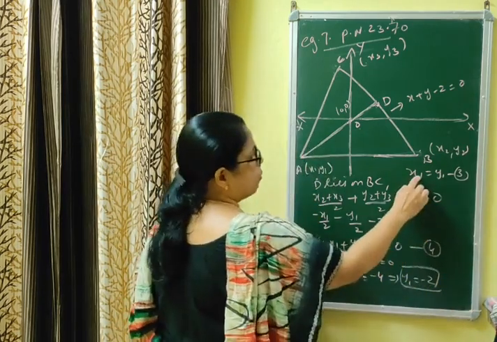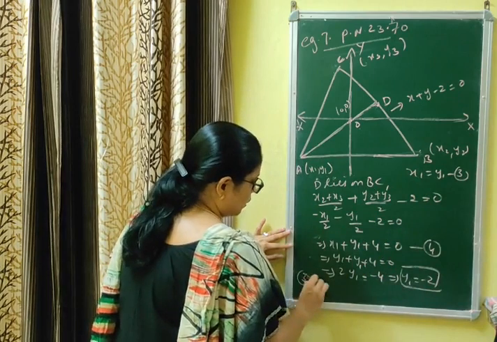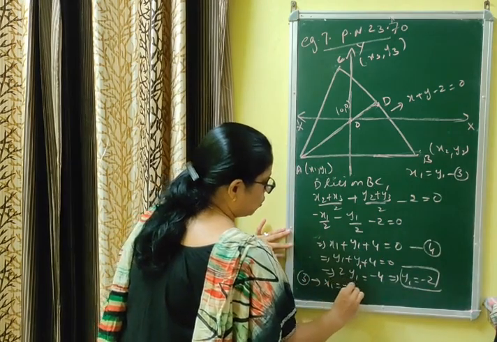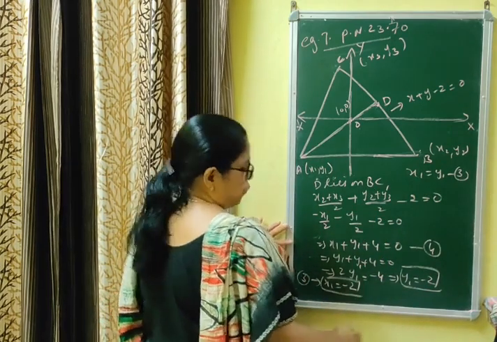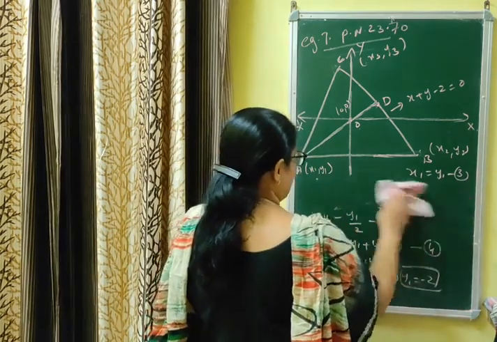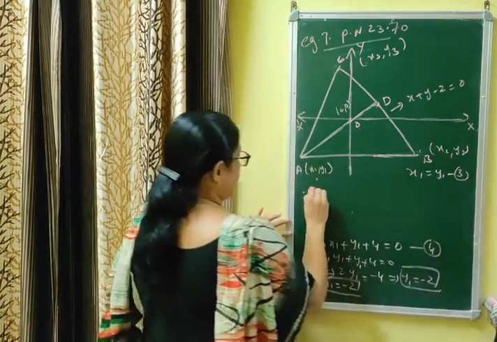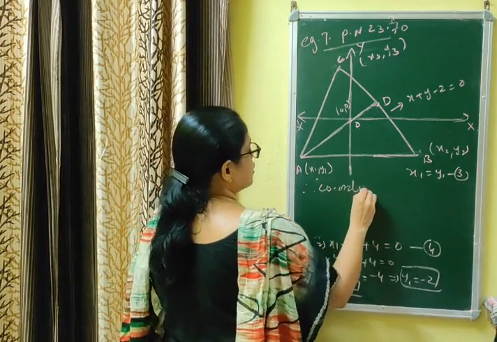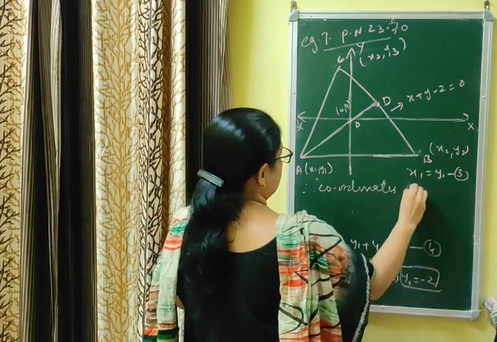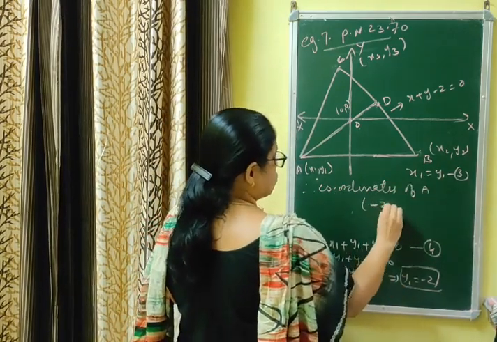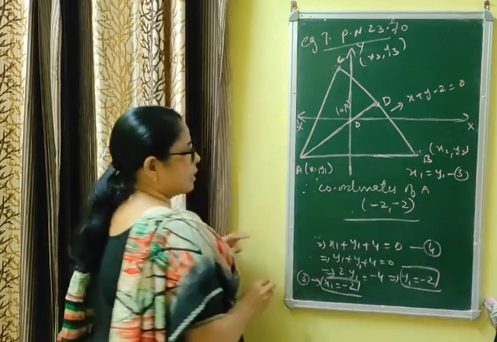If y1 is minus 2, using equation 3, x1 is also equal to minus 2. Therefore, whose coordinate was asked? A's. Therefore, the coordinates of A that we assumed as x1, y1 are minus 2 comma minus 2. That is the answer.